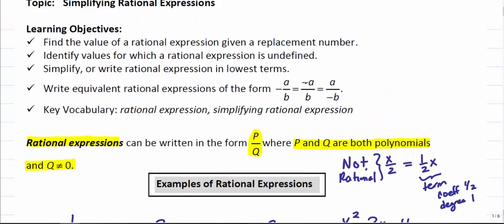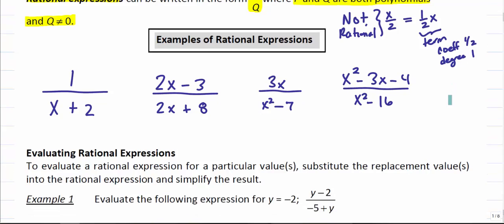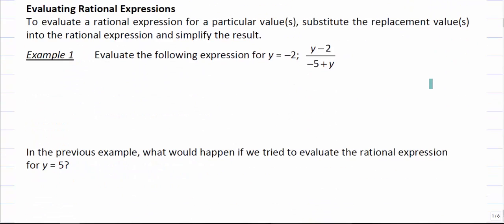So the first objective up here says find the value of the rational expression given a replacement number. Well, this is going to be a pretty easy concept. This first example shows what this means. All you do is substitute the number they give you into the expression.